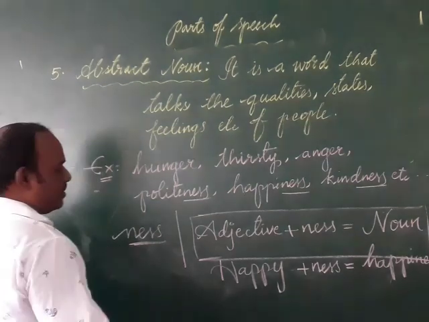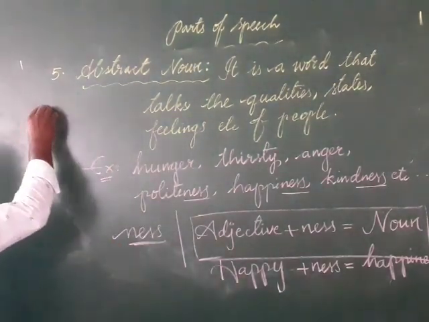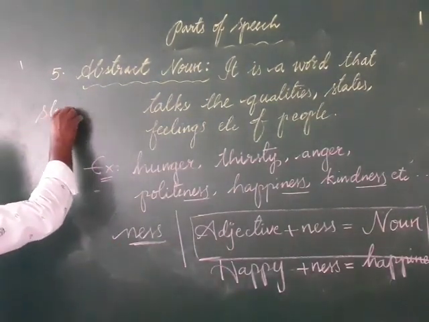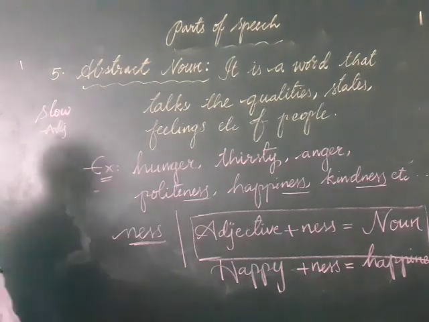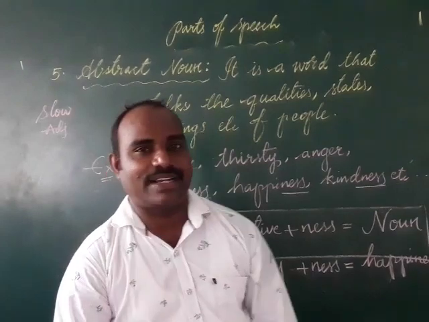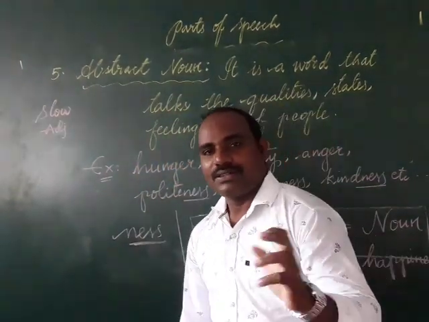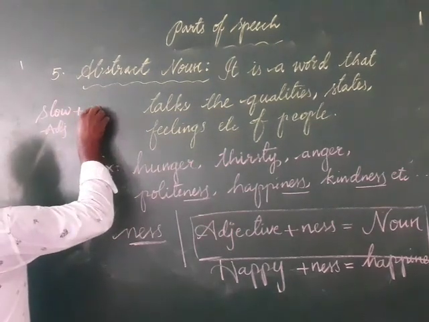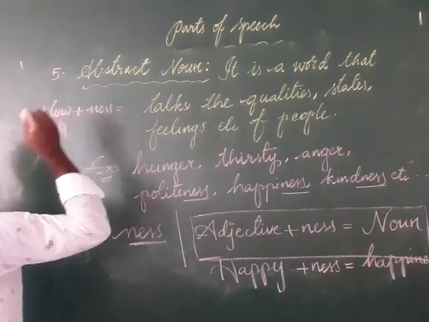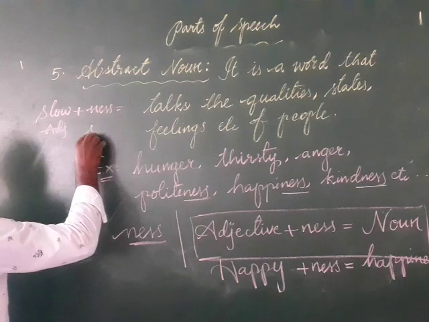Right? One more example. Slow is an adjective. Slow, slower, slowest, degrees of adjective. Plus the suffix NESS becomes slowness.